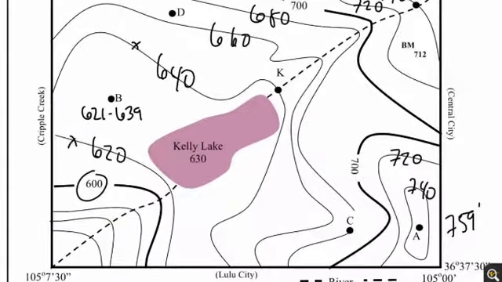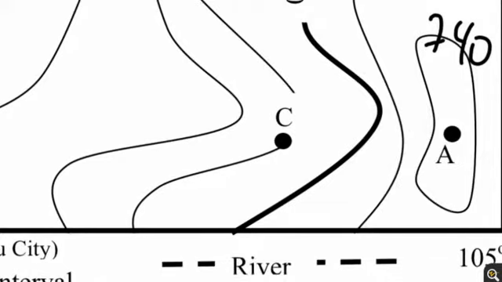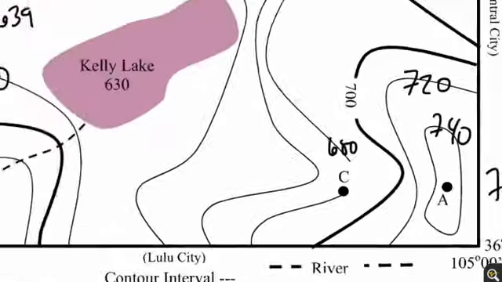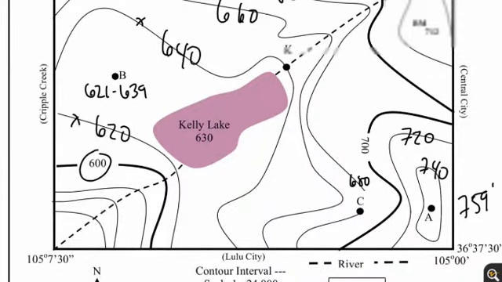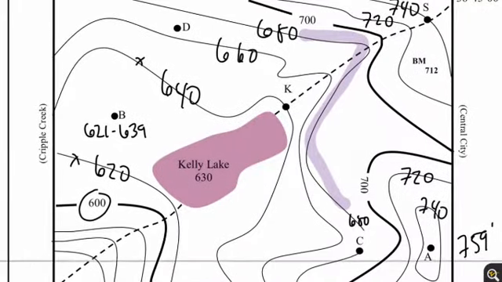Point C is right on a line going back to the right-hand side. It's 680. We've already labeled that line, and if we follow it along right here, it'll bring us to the elevation that we've already labeled, or we could also notice that it's one contour line less than this 700 right here. And since our contour interval is 20, it's going to be 680.